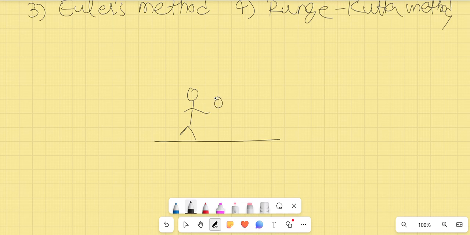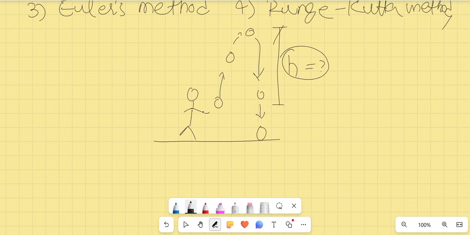It will go up, maybe somewhere here, and then it will come back and hit the ground. If I ask you the height from his hand to the top, this height depends on the initial condition. If he throws the ball from here, or whatever position he is throwing the ball from, that is the important thing.